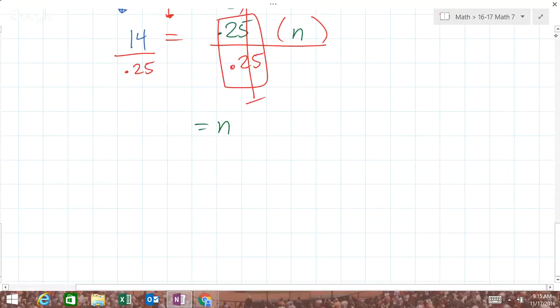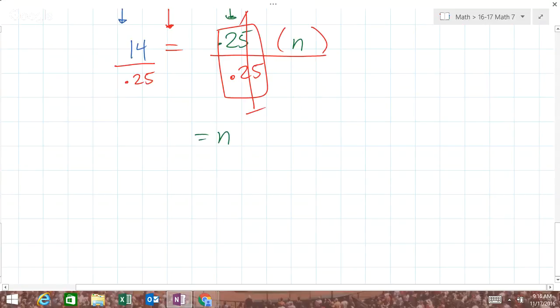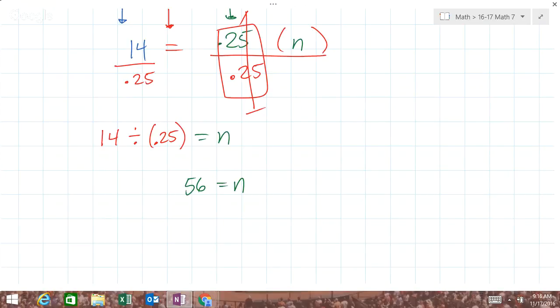How are we going to enter this into our calculator? Exactly. It's going to be 14 divided by 0.25. So n equals what? 56? Yes? I'm trusting you guys can key this into the calculator, right? Because I'm writing too. So there's your answer. Okay?